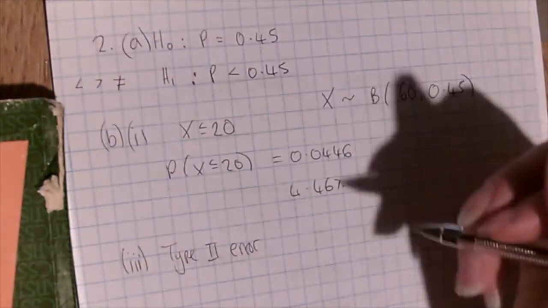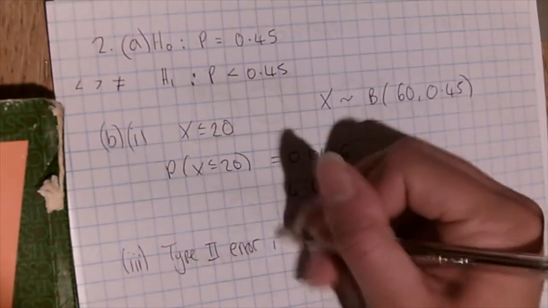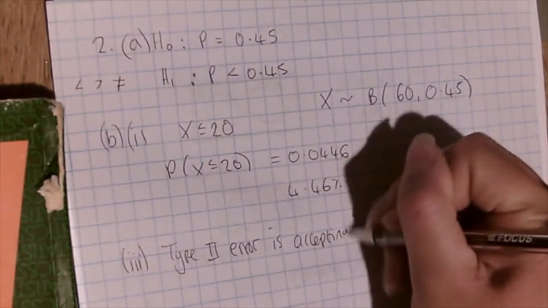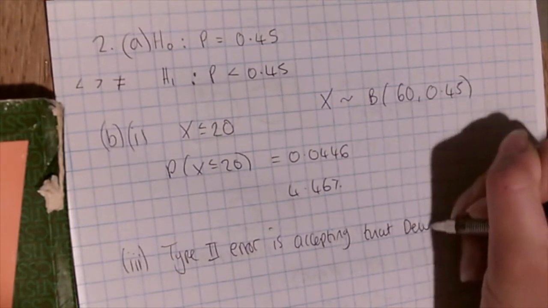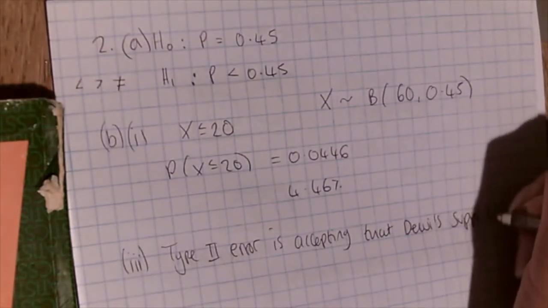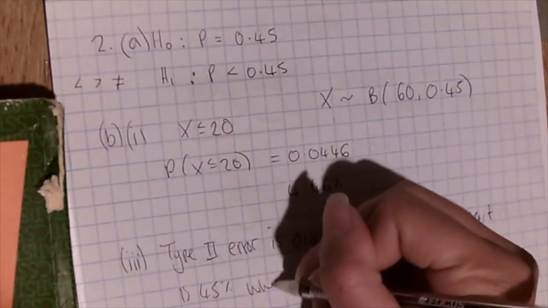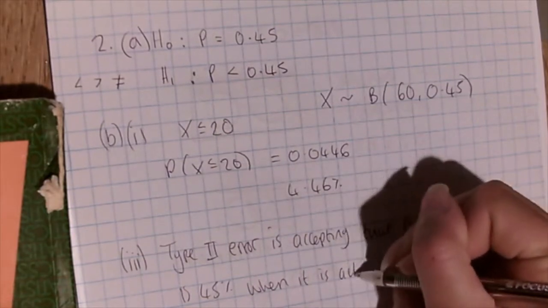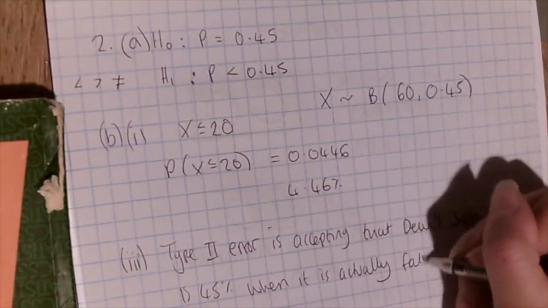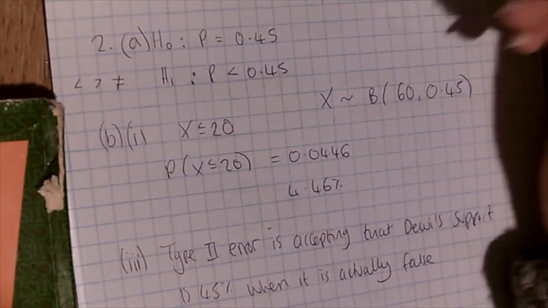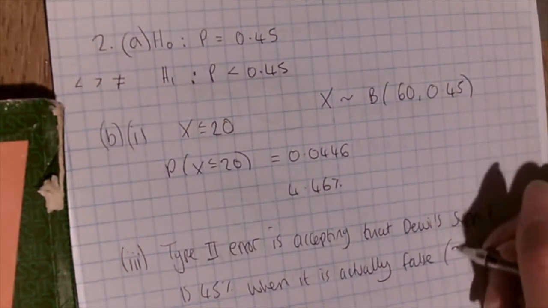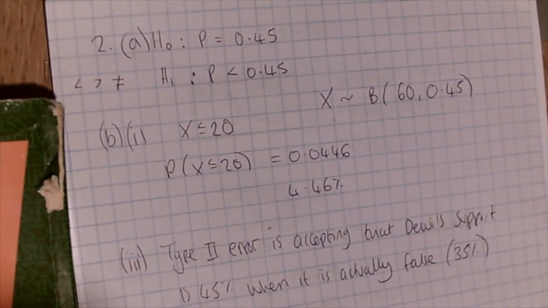So in this case, a type 2 error would be accepting that Derry support is 45% when it is actually false, or when, as the question gives us the value it could be, it's actually 0.35. So it's actually 35%. Now that's what a type 2 error is. It's accepting that Derry support is 45% when it's actually not 45%. So it's accepting the null hypothesis when it's actually false.